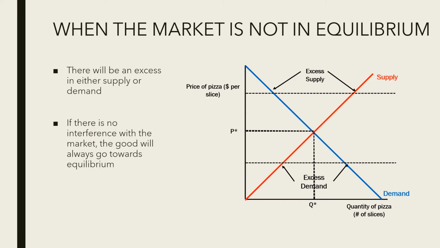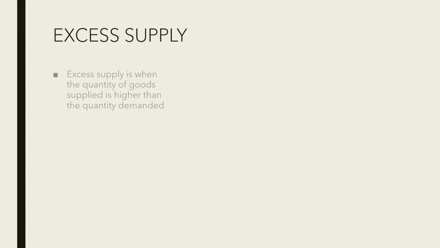Here's a quick overview of what excess demand and excess supply look like on a graph. Here we are going to take a closer look at excess supply. Excess supply is when there is too much of the product supplied compared to the quantity demanded.